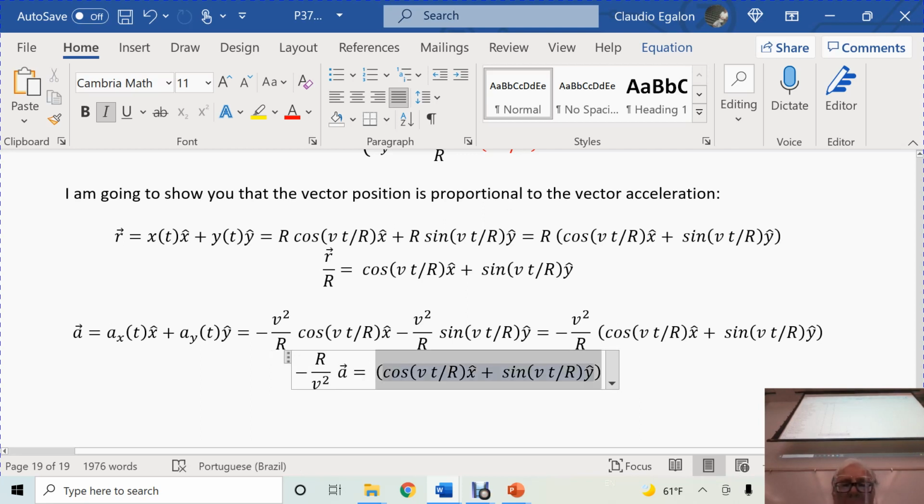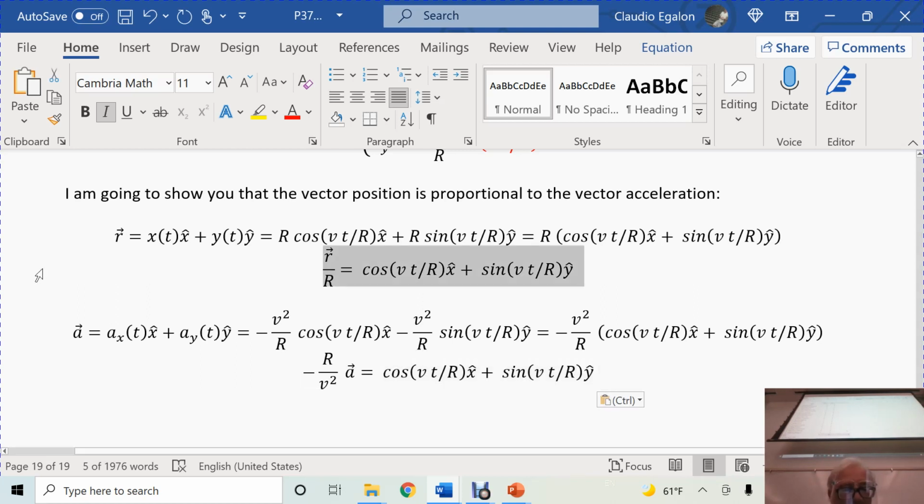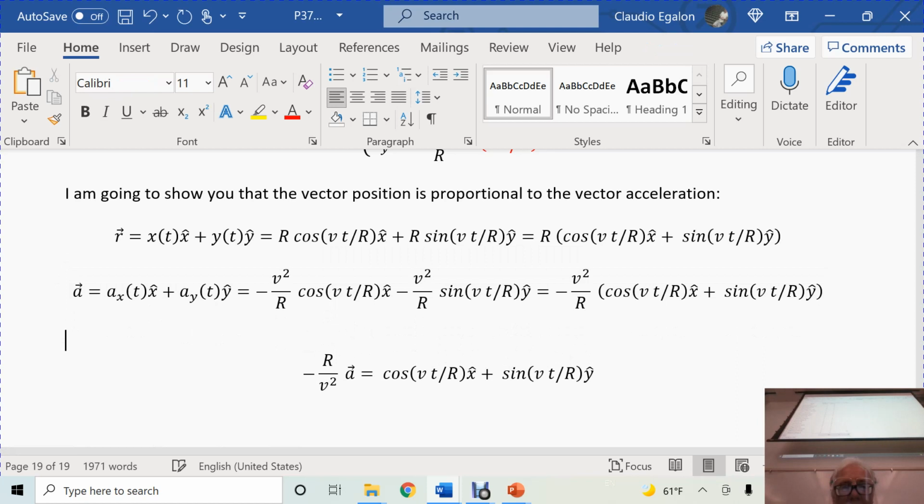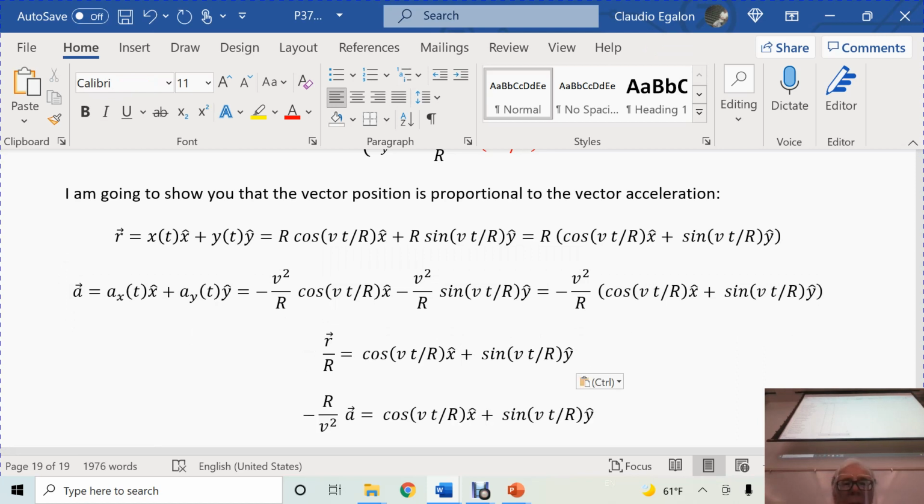I'm gonna make this equation for the A and the R. I'm gonna put them side by side so you can see it better. Copy this one. Paste this one. See what we have here?